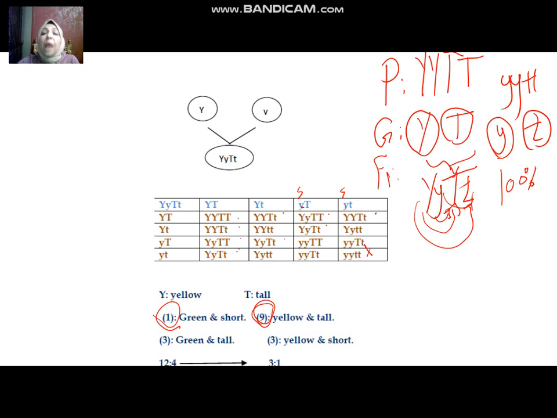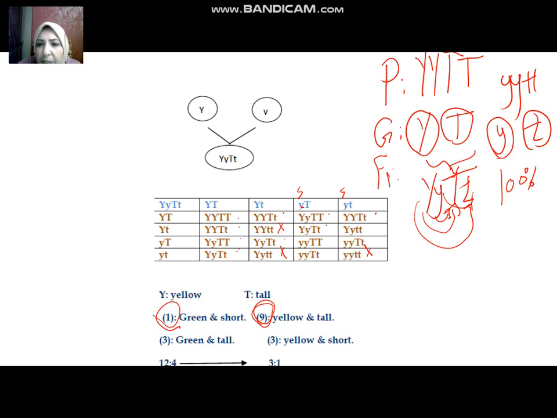Now, how many individuals carry the first dominant trait and the second recessive one? This, yes, number 1. And this, yes, the first dominant and the second recessive, number 2.